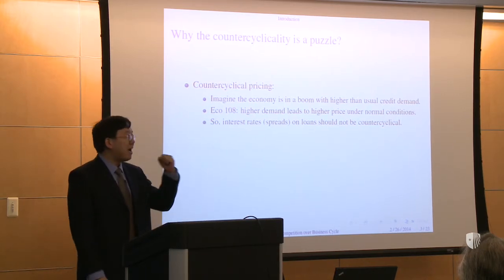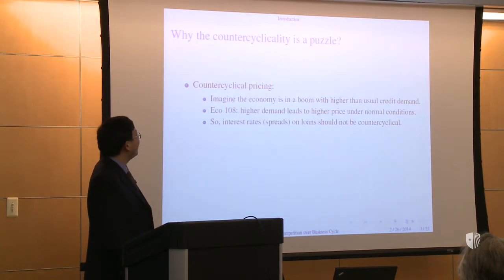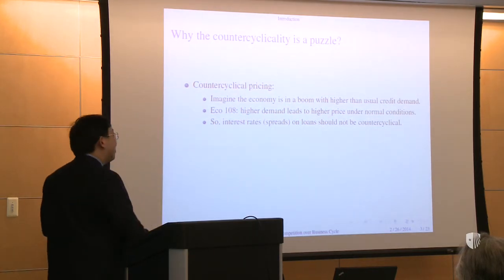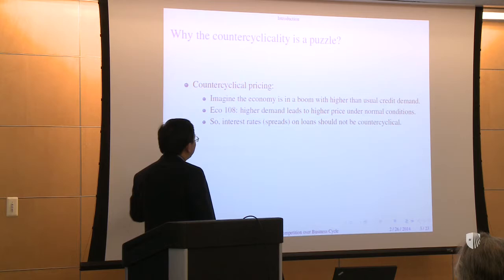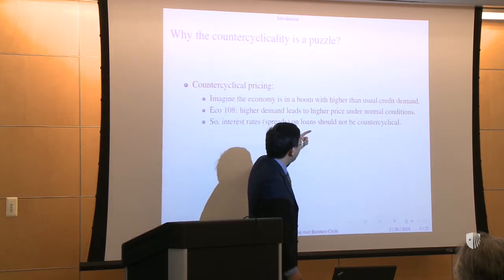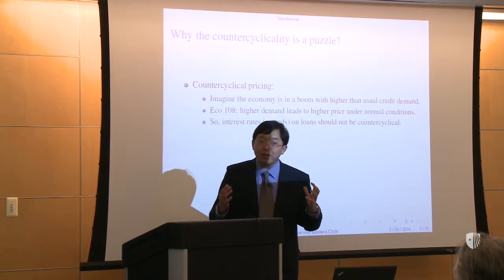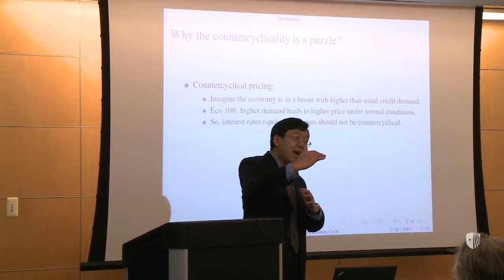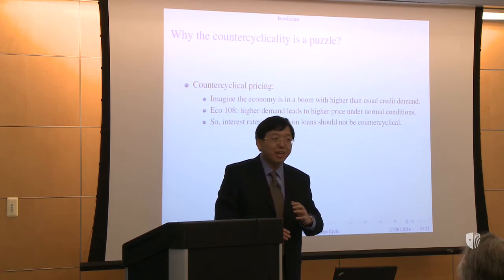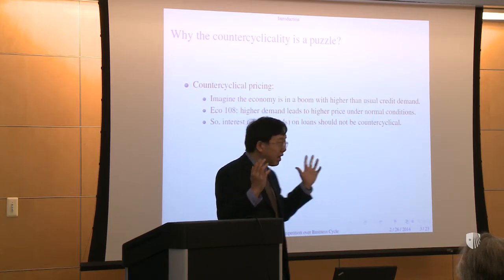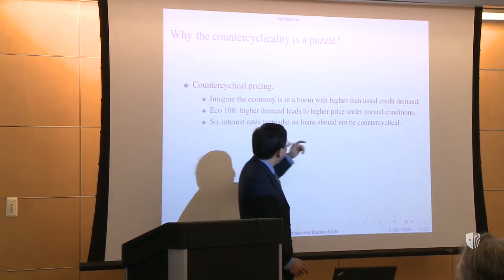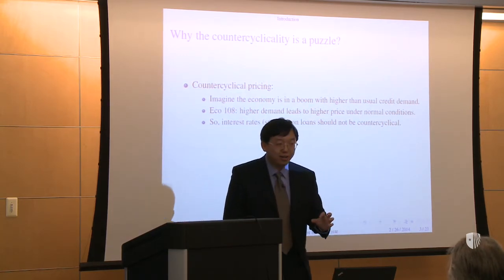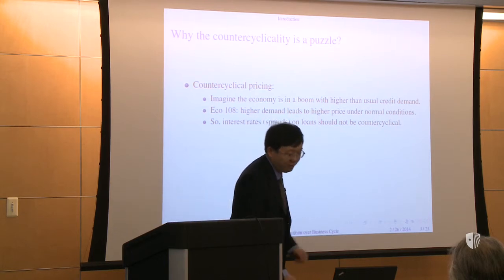From Econ 108, we know that typically higher demand leads to higher prices. If so, interest rates or interest spreads on loans should not be countercyclical. That is, during booms, they should get higher than during recession. Yet the banks' pricing behavior is countercyclical. So this is the first puzzle.